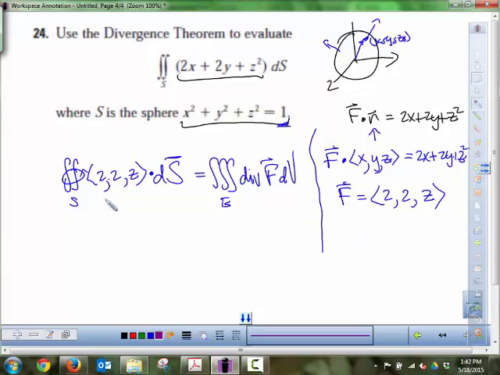So we need to take the div of this. What is it? 0 plus 0 plus 1, which is just 1, right? So this is a triple integral over the solid sphere of 1 dv.